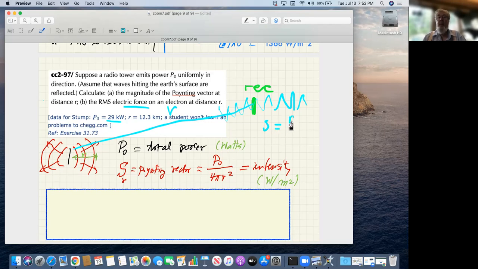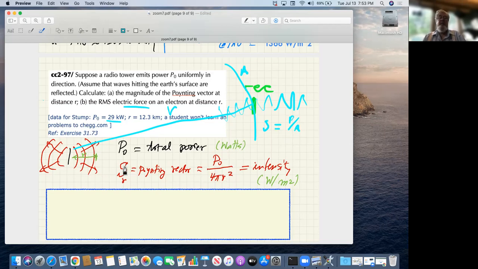That's the power per unit area. The total power is P0, and it all spreads out into an area A at this distance r. So here's the area A, or a little section of it. Well, the area is 4 pi r squared. This is the power per unit area.